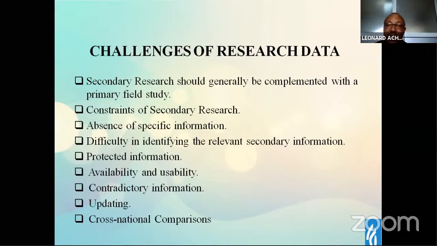It has to be complemented by primary field work. So if you want to get an effective result, or if you want to have enduring information that will be profitable, you need to combine secondary research information with primary study field.